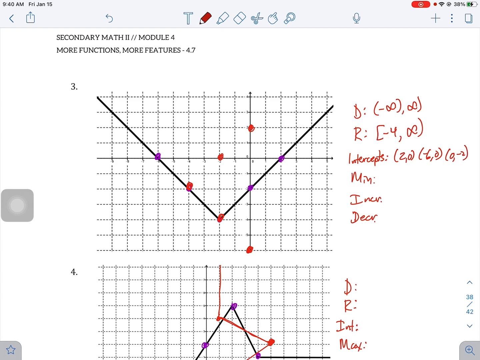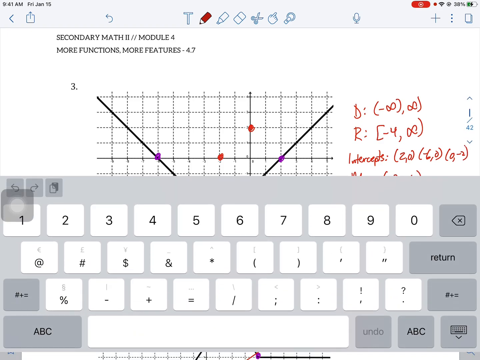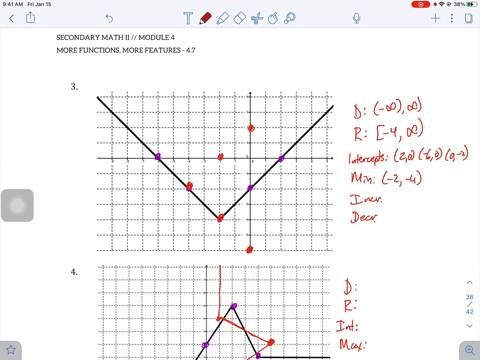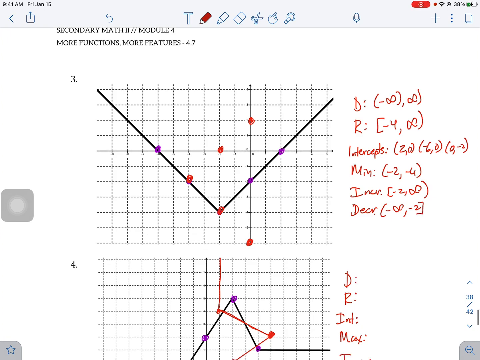The minimum value is at -2, -4. It is increasing from -2 towards infinity, and it's decreasing from -infinity to -2.